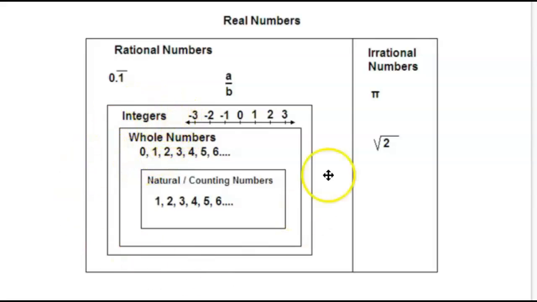And then integers: whole numbers are integers, but integers also include the opposites of whole numbers, which are negatives, so integers can be positive or negative. Integers, however, cannot be decimals or fractions, and those would be part of the larger rational number set. Okay, so that's a general overview of number lines and types of numbers.